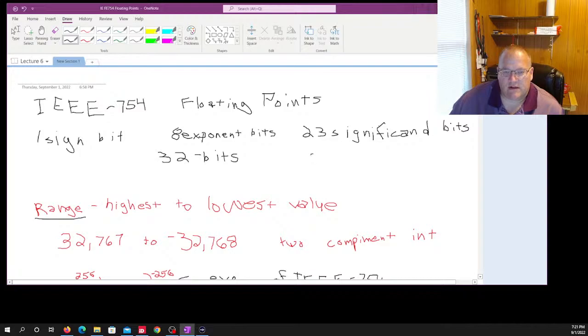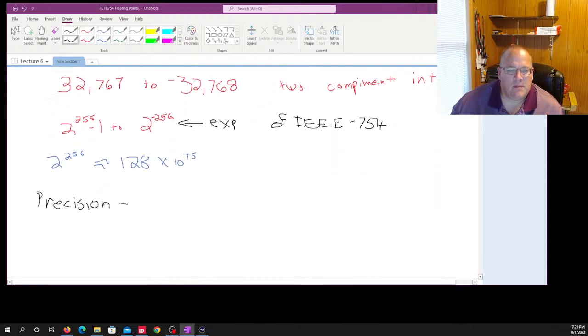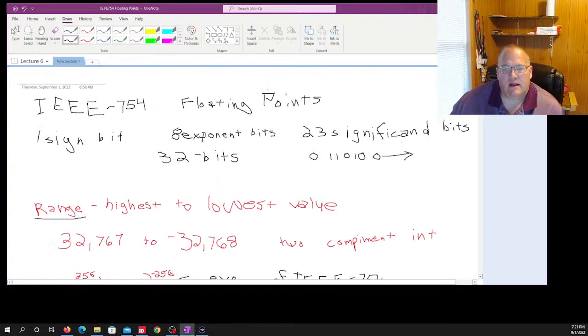If we had something like 0, 1, 1, 0, 1, 0, and then all bunches more zeros to fill out our 23, we would say in this case there's 1, 2, 3, 4, 5. 5 significant bits. And so that is the precision.